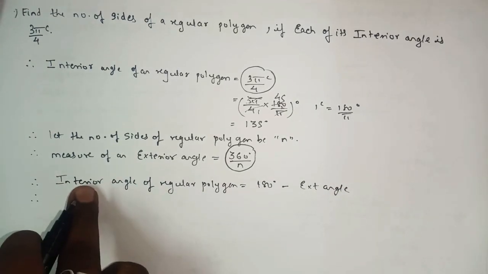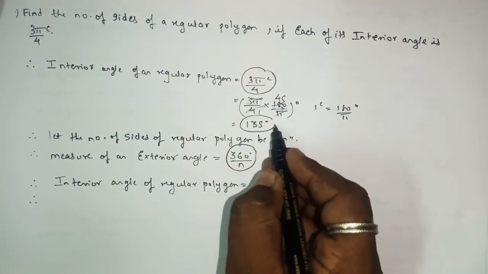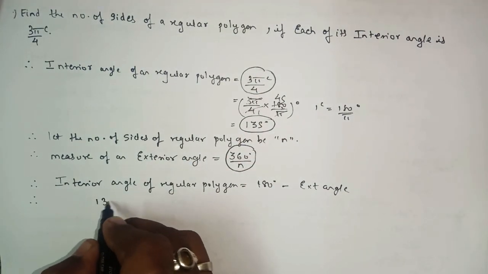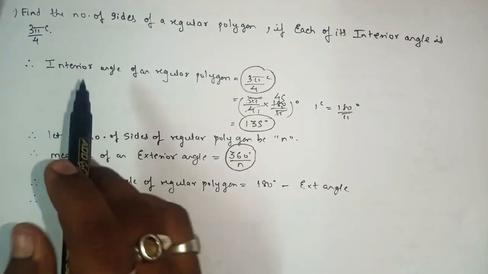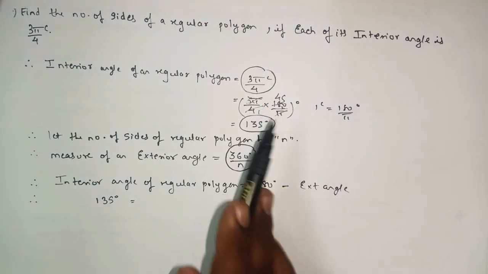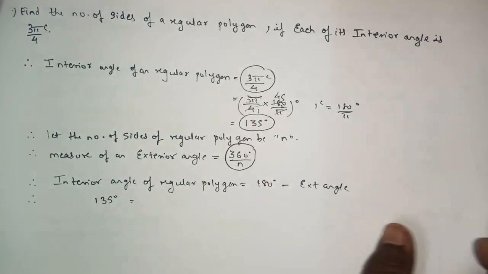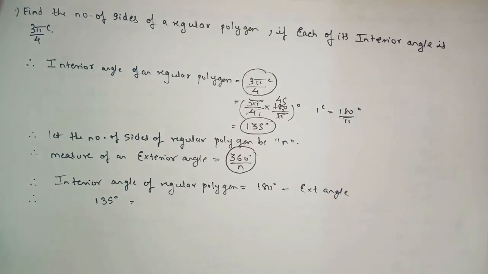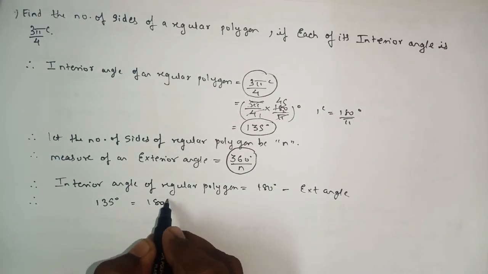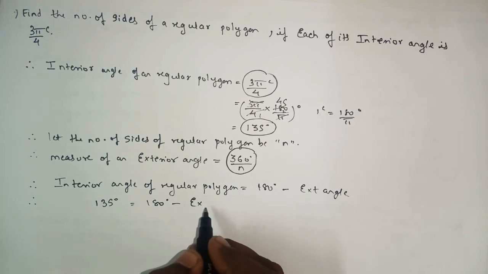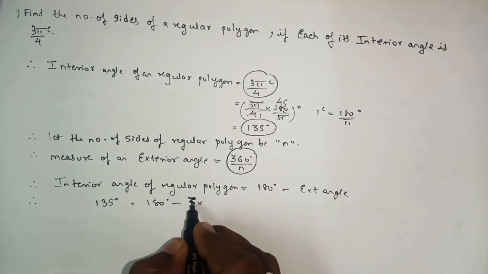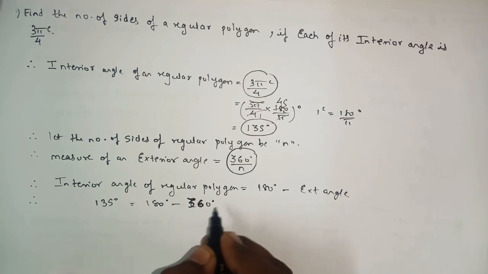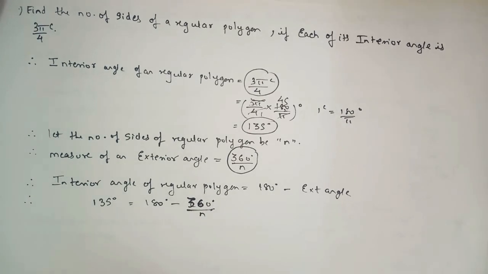For this sum we have the interior angle, that is 135. Actually the interior angle was in radian, so first we converted this radian into degrees. So the interior angle of the regular polygon is 135. We'll keep this 180 as it is, and in place of the exterior angle we'll write 360 upon n.